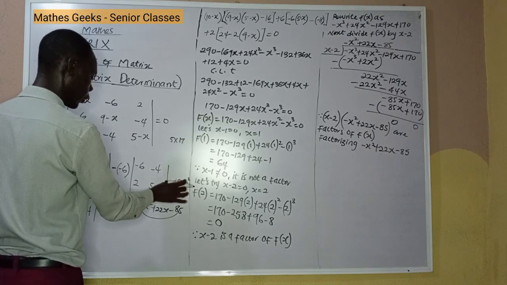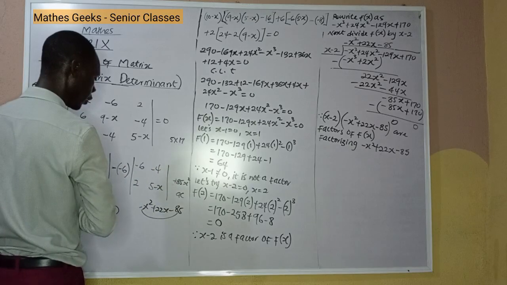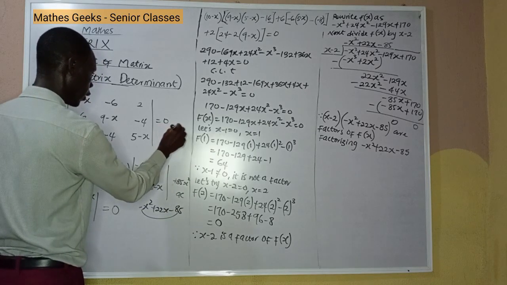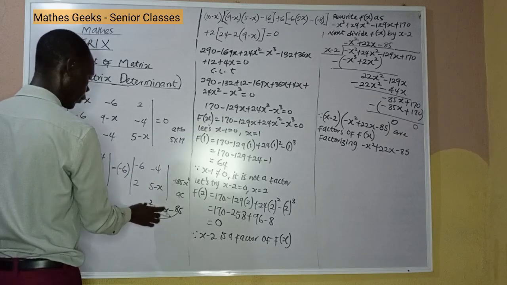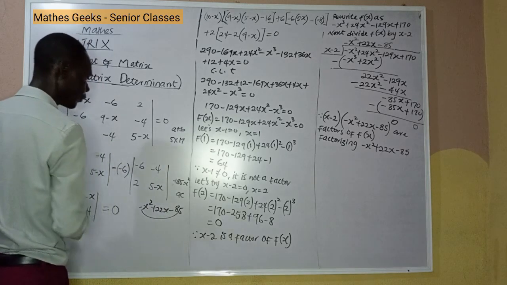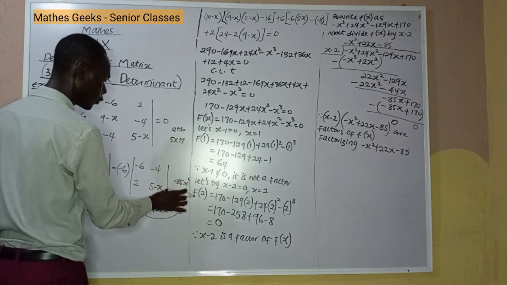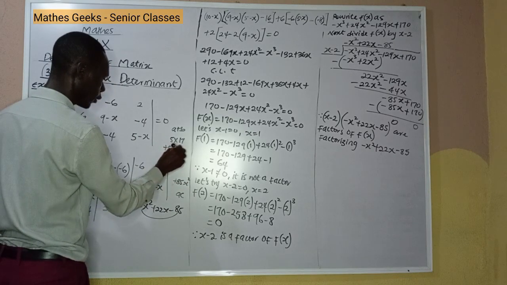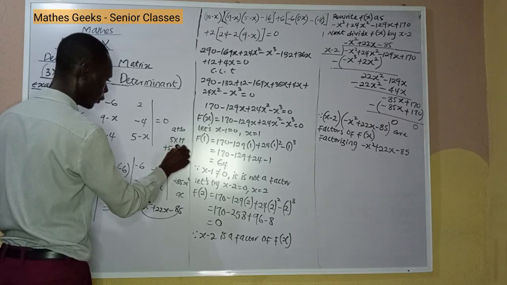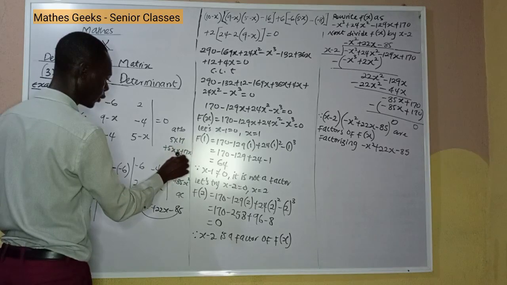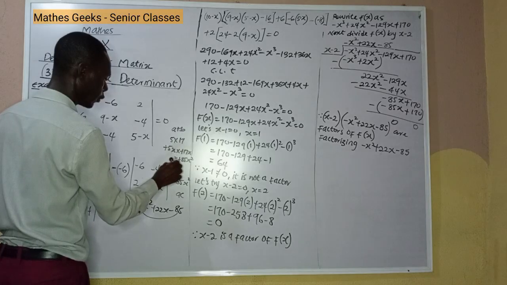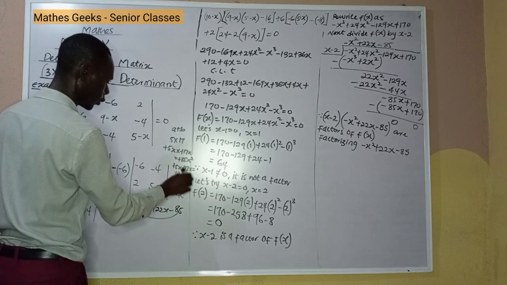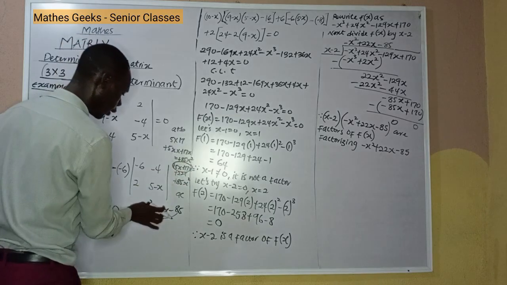Since AC is positive and the sum is also positive, the two factors are positive. Plus 5x times plus 17x will give us plus 85x squared, and 5x plus 17x gives us plus 22x.